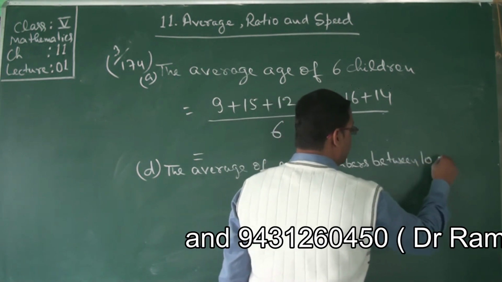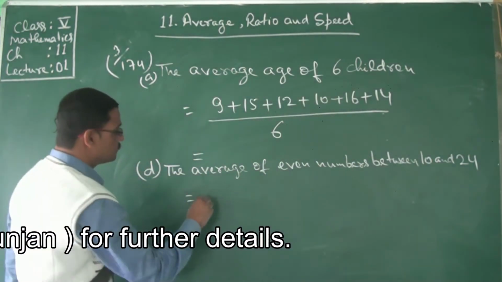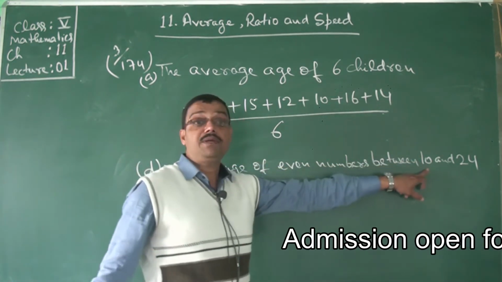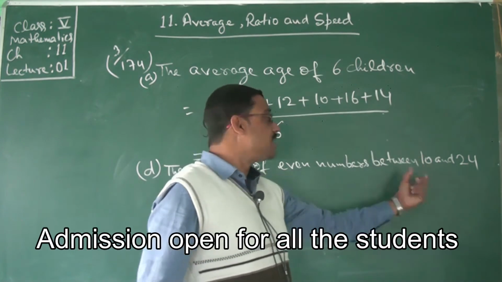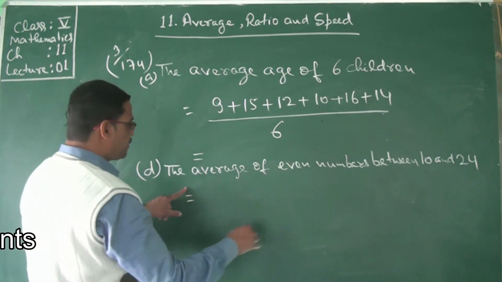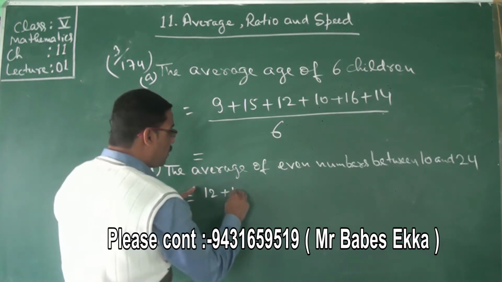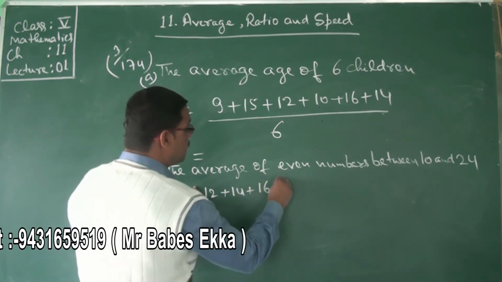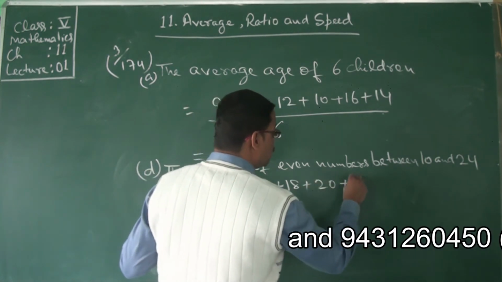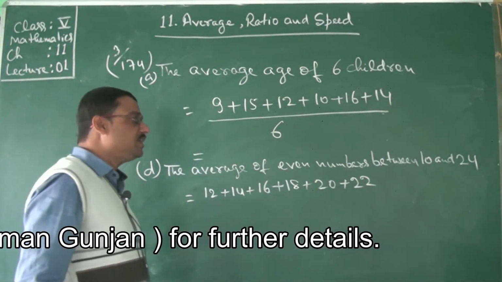Between 10 and 24 means excluding 10 and 24. The even numbers after 10 are 12 plus 14 plus 16 plus 18 plus 20 plus 22, and as I explained, 24 is excluded there.